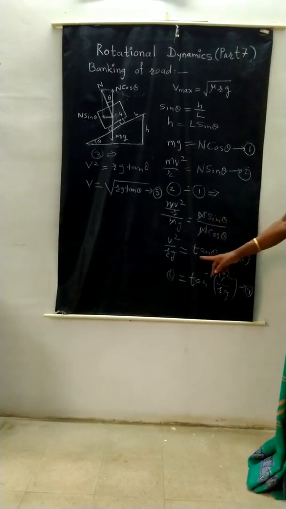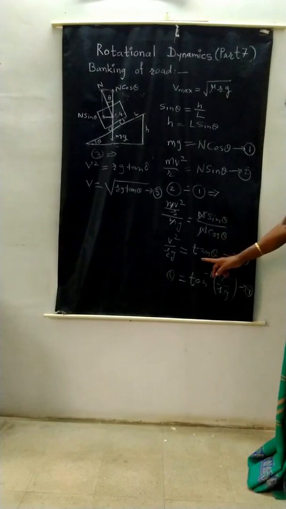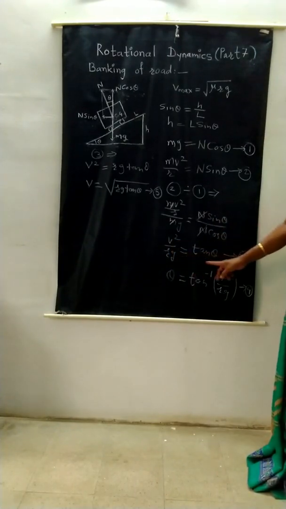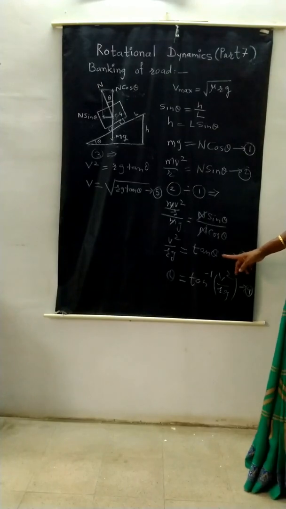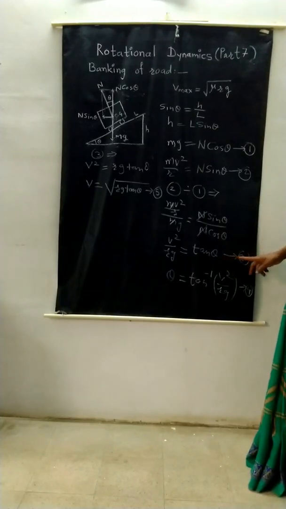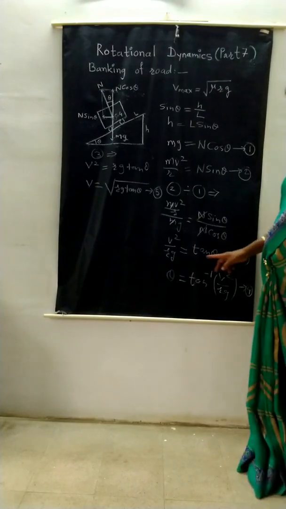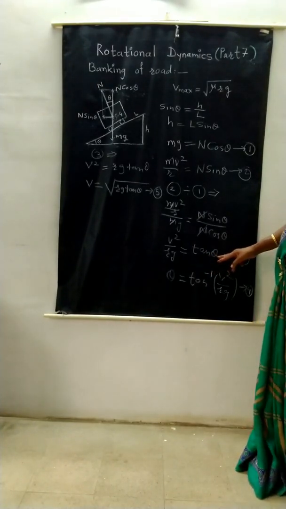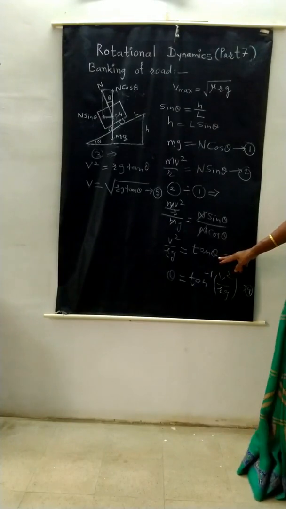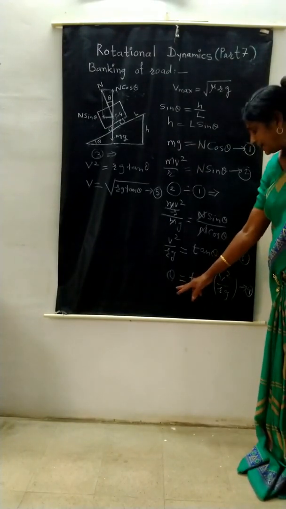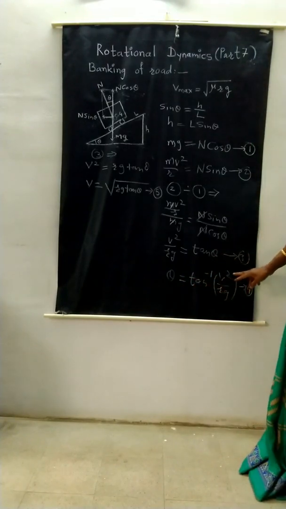Therefore, we get tan theta, since sin theta upon cos theta is tan theta. Hence, the equation becomes v square upon rg is equal to tan theta. This is an important equation for us. Because if we want to find the angle of banking theta, then from this equation we obtain theta as tan inverse of v square upon rg.